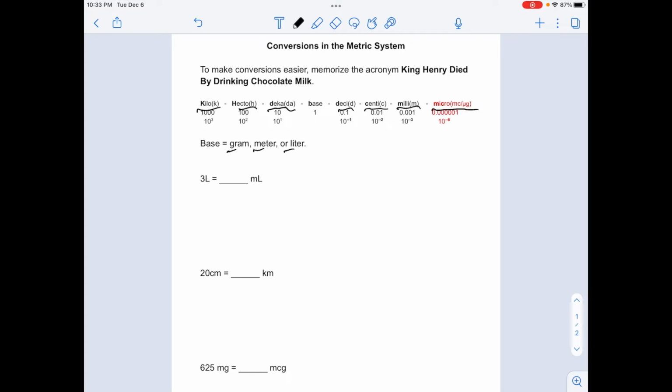And then you would attach that to your base. So, for example, if you see kg, that would be kilogram. If you see G by itself, that would just be gram. And if you see mcg, that would be microgram.